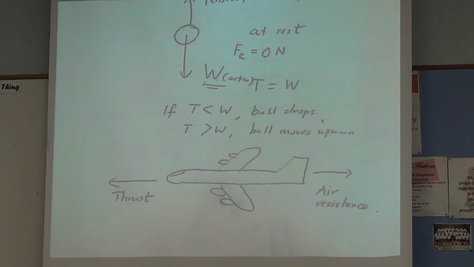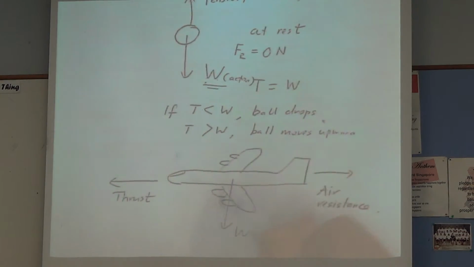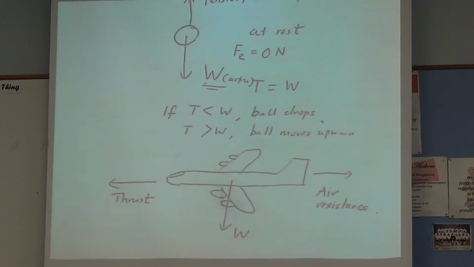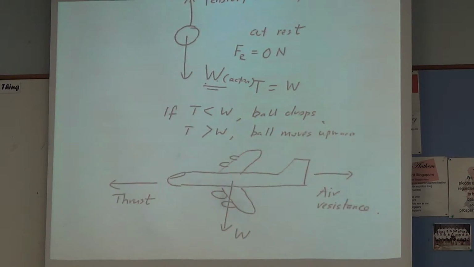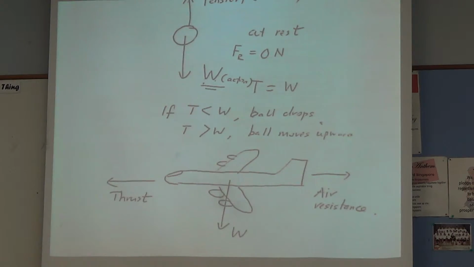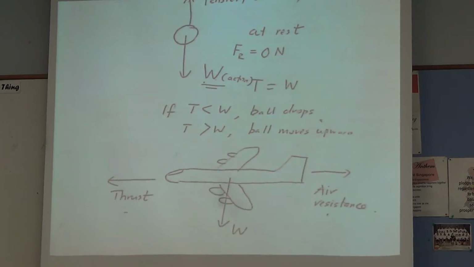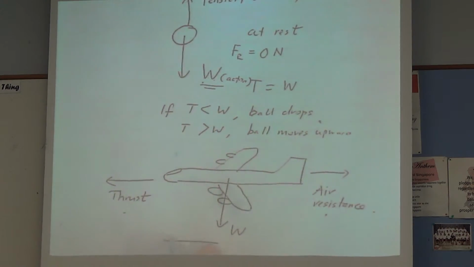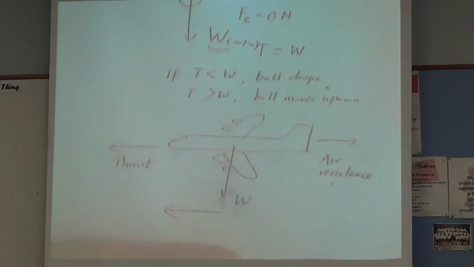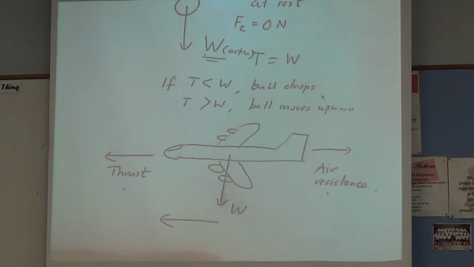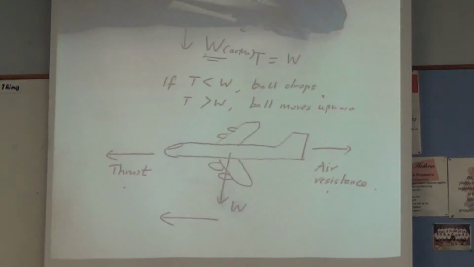Weight of the plane. Okay, guys. Can you tell me what is the relationship between this thrust and the air resistance? If the plane is moving to the left, what is the relationship between the plane thrust and the air resistance?